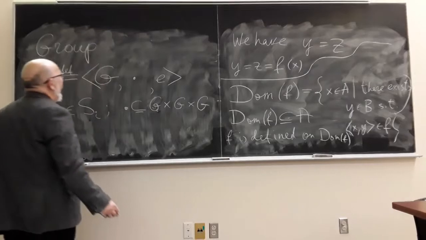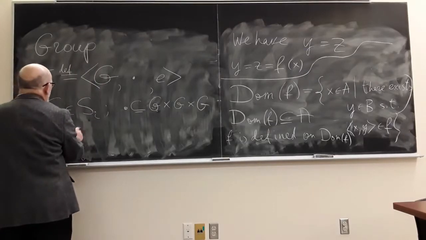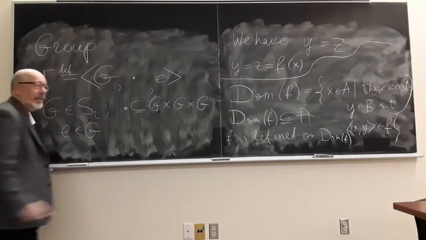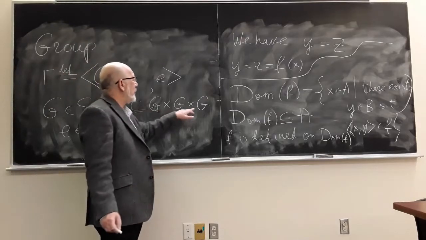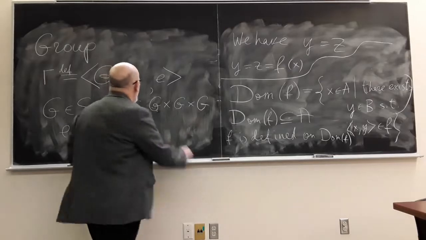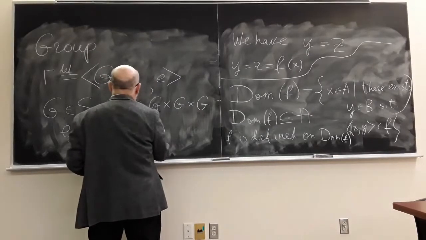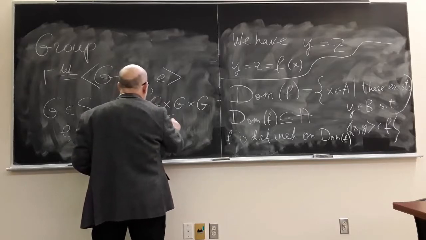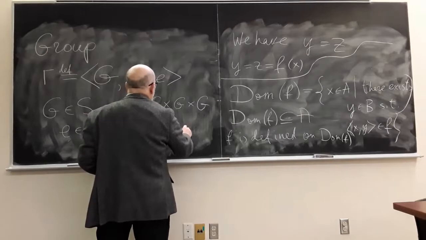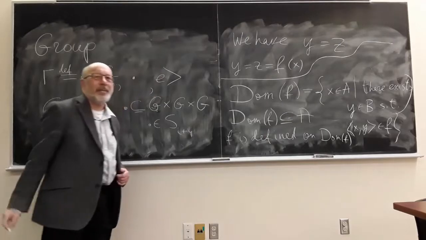And E is an element of G. So this subset G times G times G sits in S I plus 4.